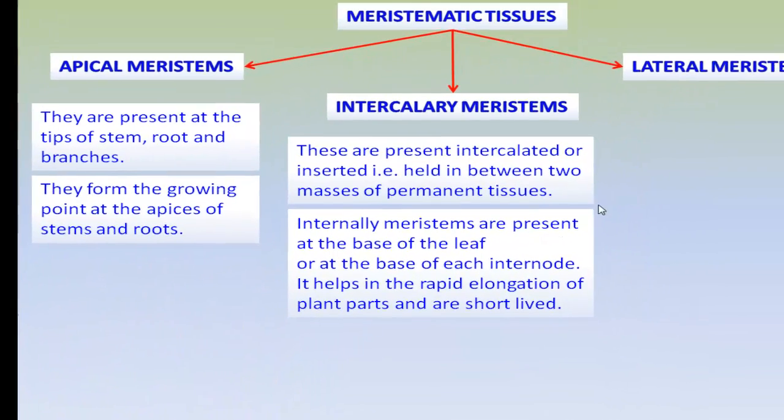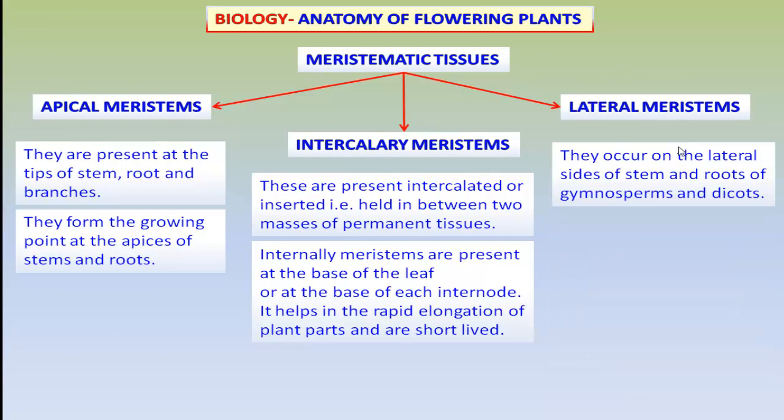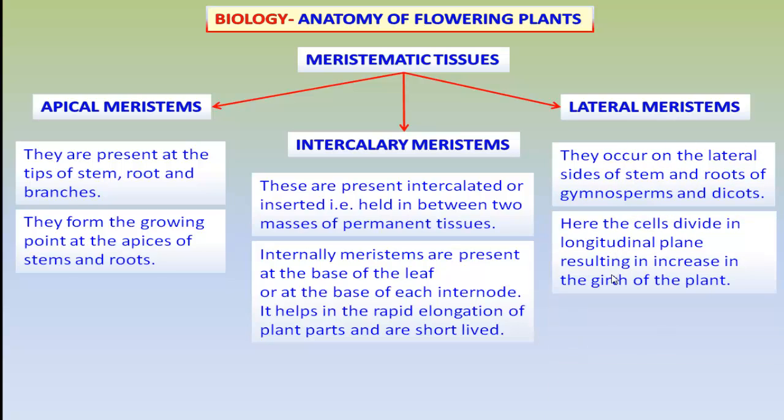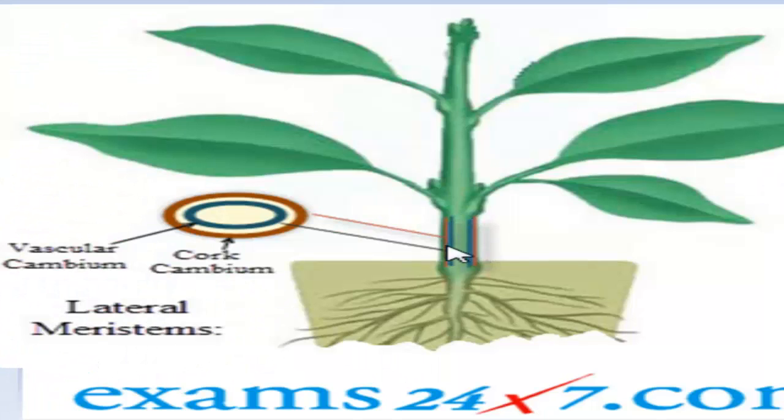Lateral meristems, as the very name signifies, are positioned at the lateral sides of the stem and roots of the gymnosperms and dicots. Here the cells divide in a longitudinal plane, that is what is called periclinal division, resulting in the increase in the girth of the plant.